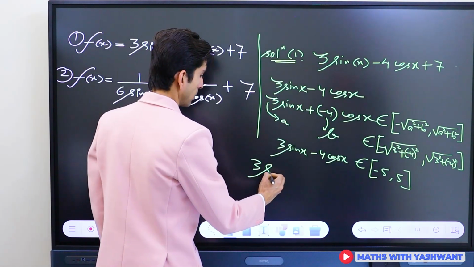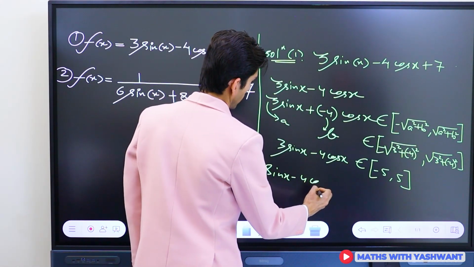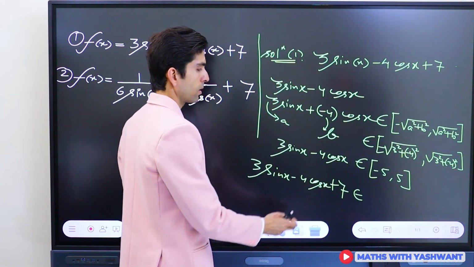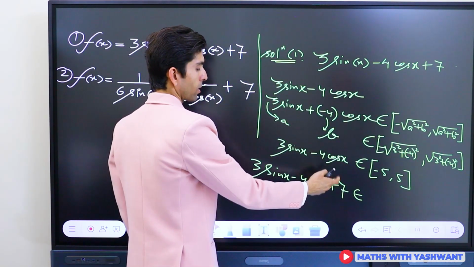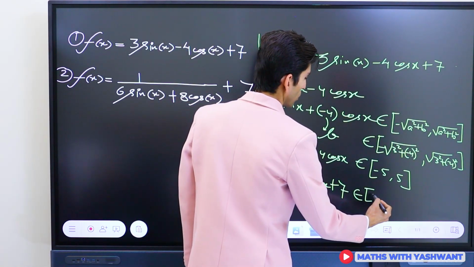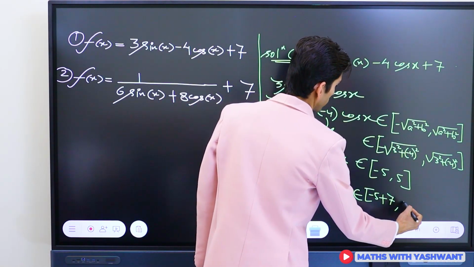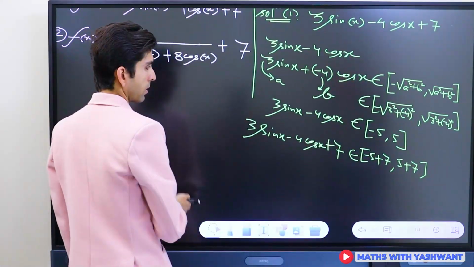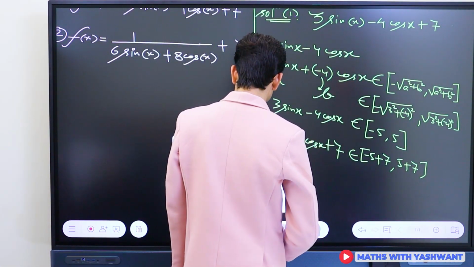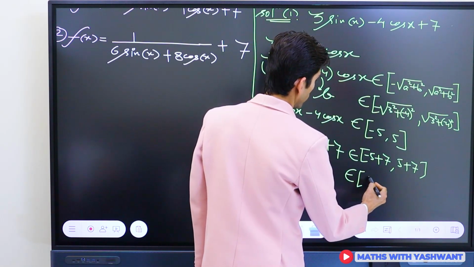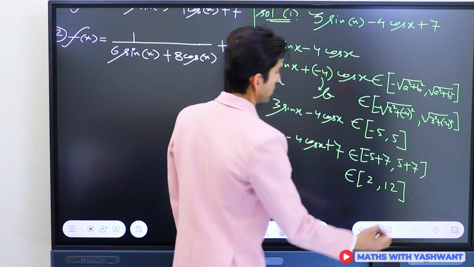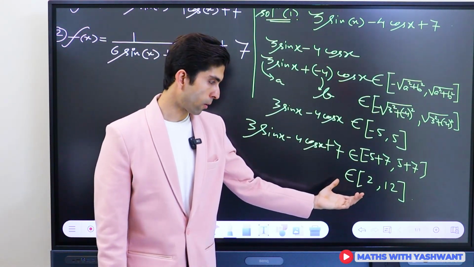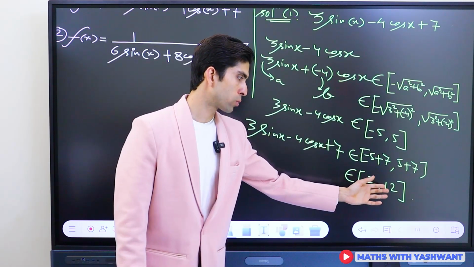Following this, for 3 sin x minus 4 cos x plus 7, when we add 7 to the original functional expression, we add 7 to the left and to the right hand boundary point. This will eventually give us the range of the required function. So the range of 3 sin x minus 4 cos x plus 7 that we were supposed to find comes out to be closed interval 2 to 12.